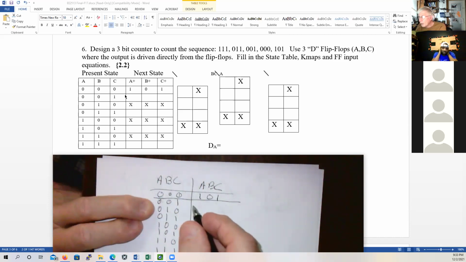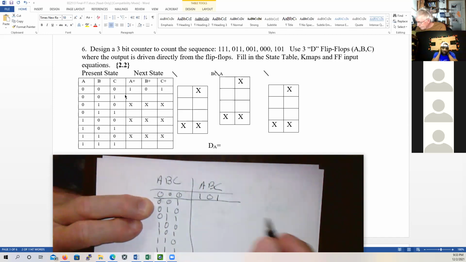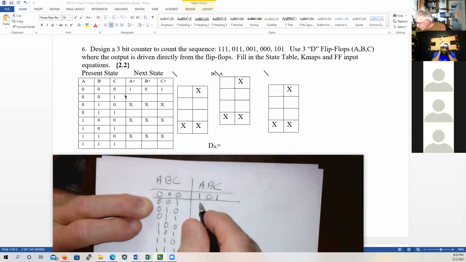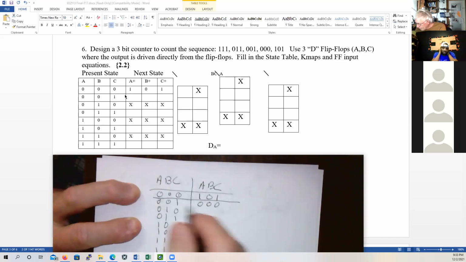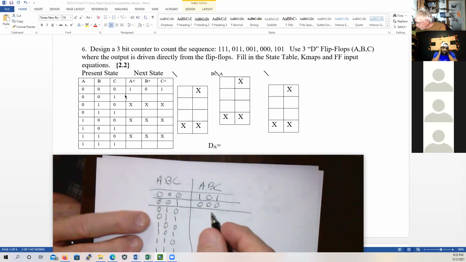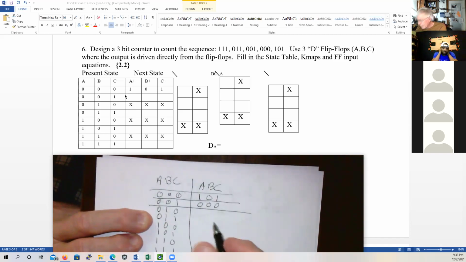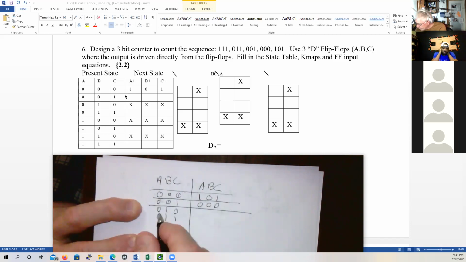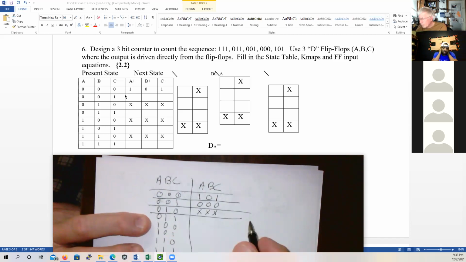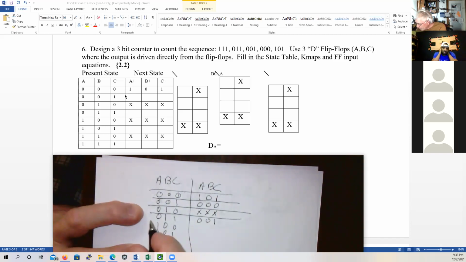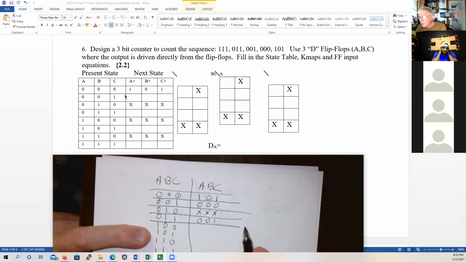And what's our next state from 1? 0, 0, 0. Yeah. And what's our next state from 2? Don't cares. What's our next state from 3? Zeros. 0, 0, 1. Yes. And how about 4?